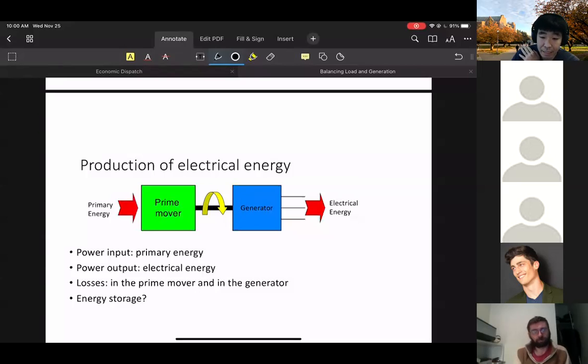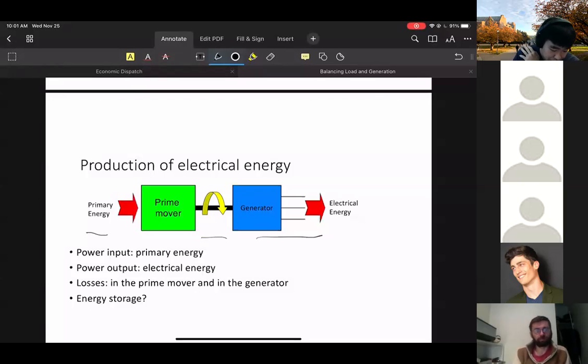If you look at this rotating generator, as power input you have a primary energy source, thinking about hydro, this comes from water flow. It turns a shaft and then goes into electric energy. Okay. So this is the form of energy conversion we have in these generators.